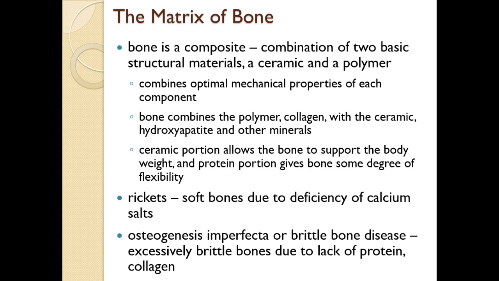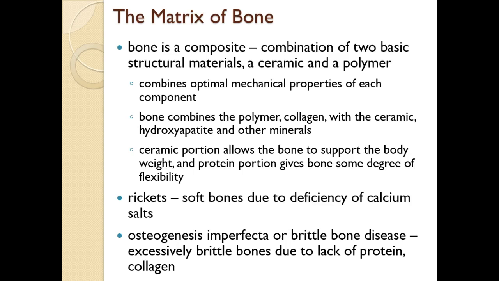For example, here's a couple of examples. You've heard of rickets. Rickets causes bones to become very soft, and that's because they lose that ceramic portion. When they start to lose the calcium, the part that makes the bone hard, the bones start to deform, and they can bend too much.